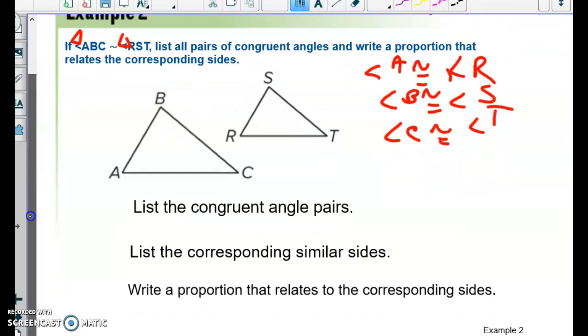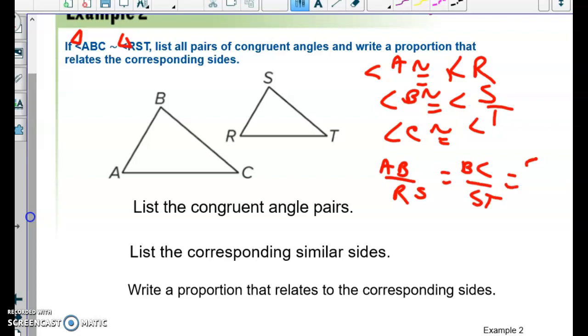So we know that the side ratios have to be the same. So we would say that AB is to RS as BC is to ST as CA is to TR. All three of those ratios have to be the same. So here is the proportion about their sides. Okay?